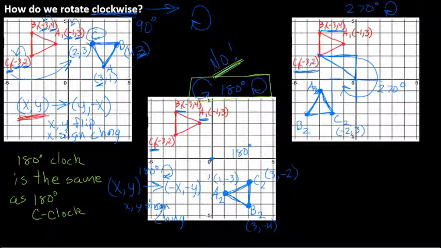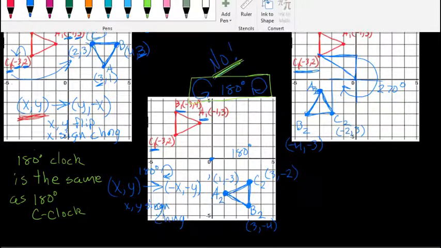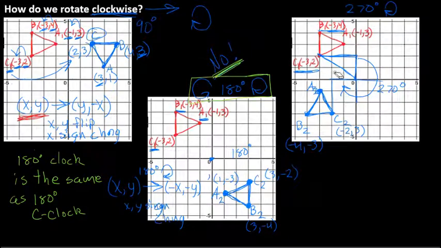Now I'm at -4 by -3. And our new A coordinate, we went from -1 by 3 to -3 by 1. Well, -1.